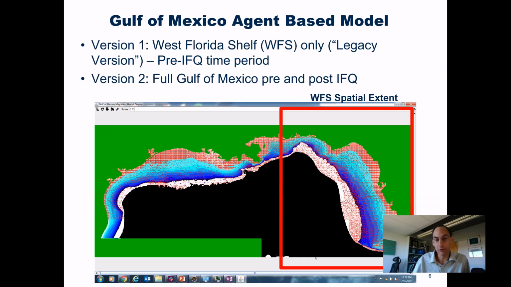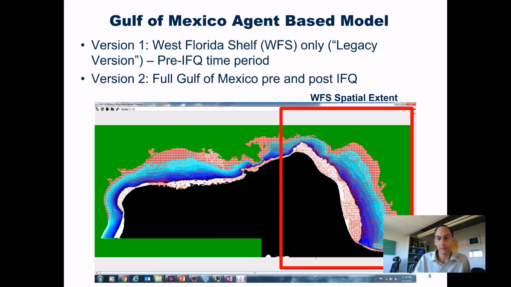Then there's a second version of this model that was developed thanks to funding from the Gulf of Mexico Research Initiative, GOMRI, which covers the entire Gulf of Mexico and incorporates the individual fishing quota system, as well as a more updated regulatory landscape.